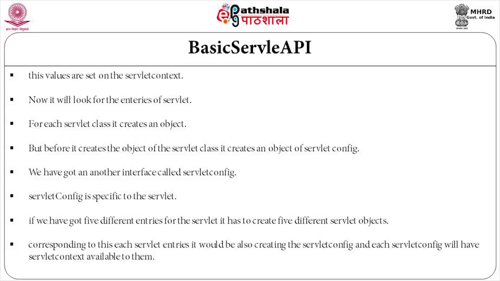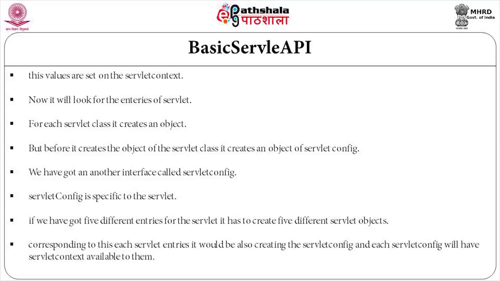But for things which are specific to a servlet, we have our servlet config. All the servlet configs share the same servlet context object. So, if we have 5 different servlet entries in our web.xml file, it has to create 5 different servlet objects.